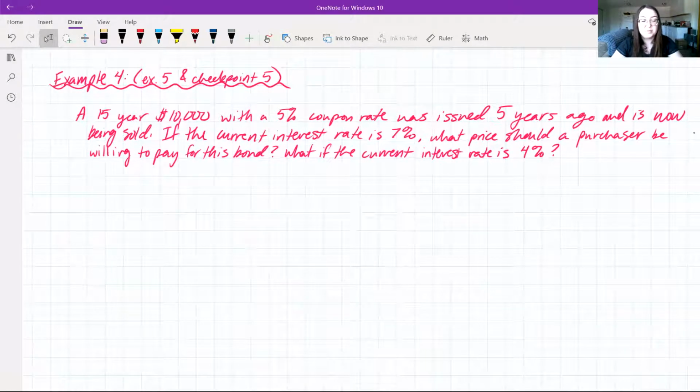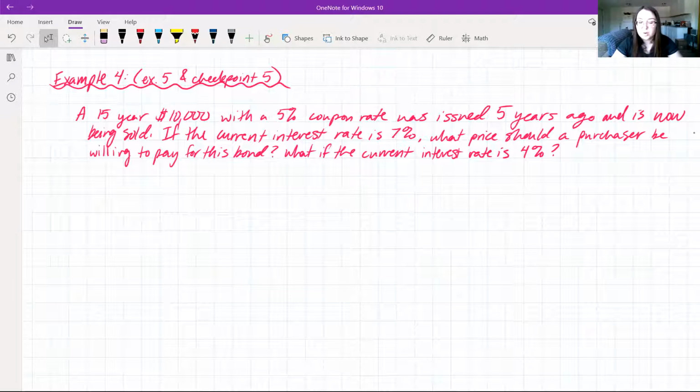So this is going to be example 4, which is a combination of example 5 and 2.5. So we have a 15-year, $10,000 bond with a 15% coupon rate, was issued 5 years ago and is now being sold. If the current interest rate is 7%, what price should a purchaser be willing to pay for the bond?